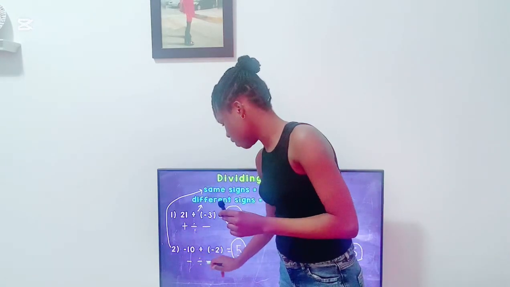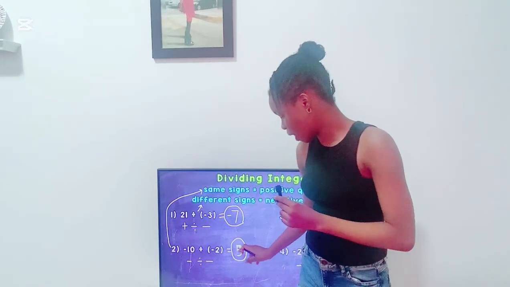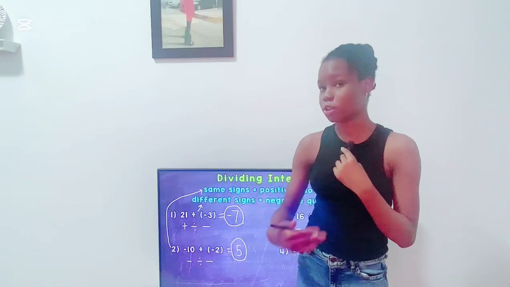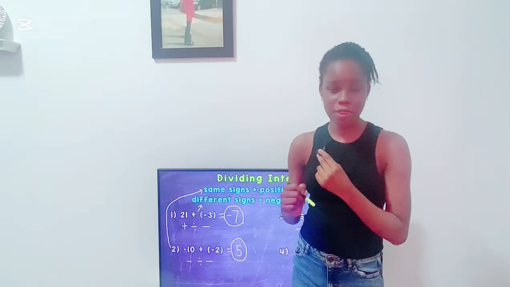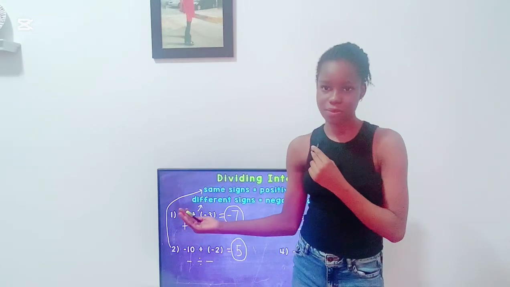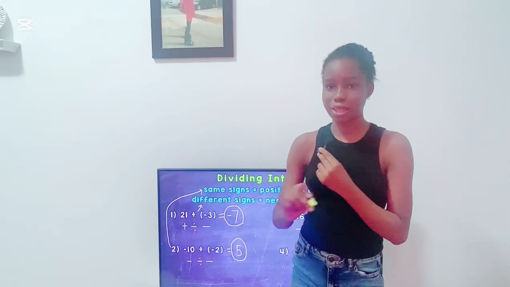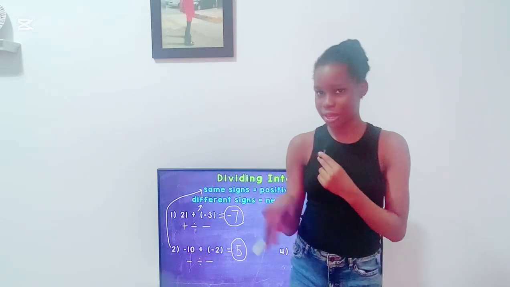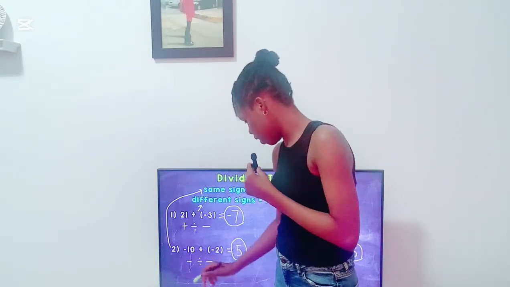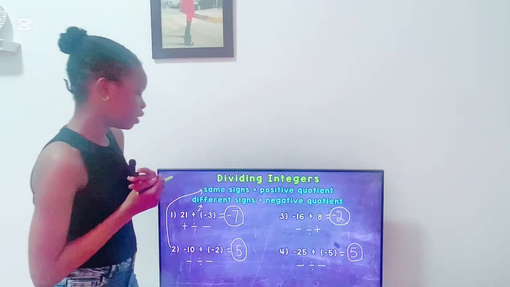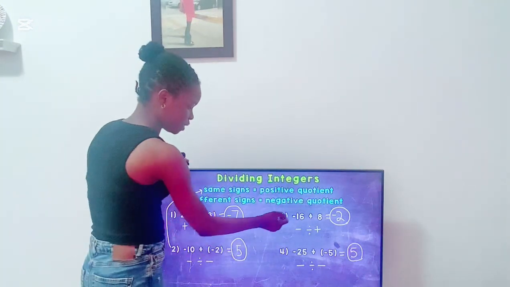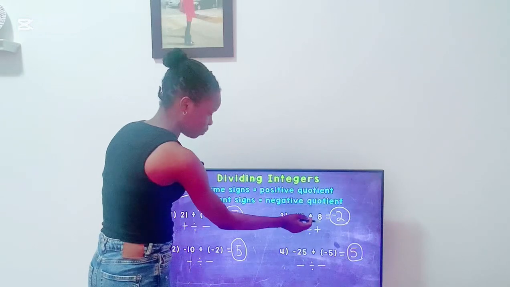We have a negative and a negative, so that means we are going to be left with a positive product. We leave this 5 the same because writing 5 is the same thing as saying it's positive. When we write the negative there, then that means it's a negative. So we are just going to write 5. So it's a positive.